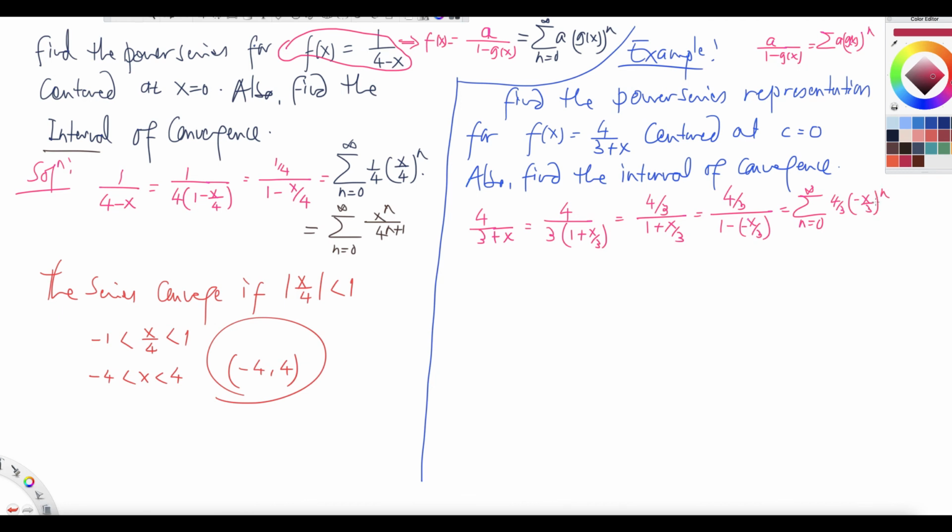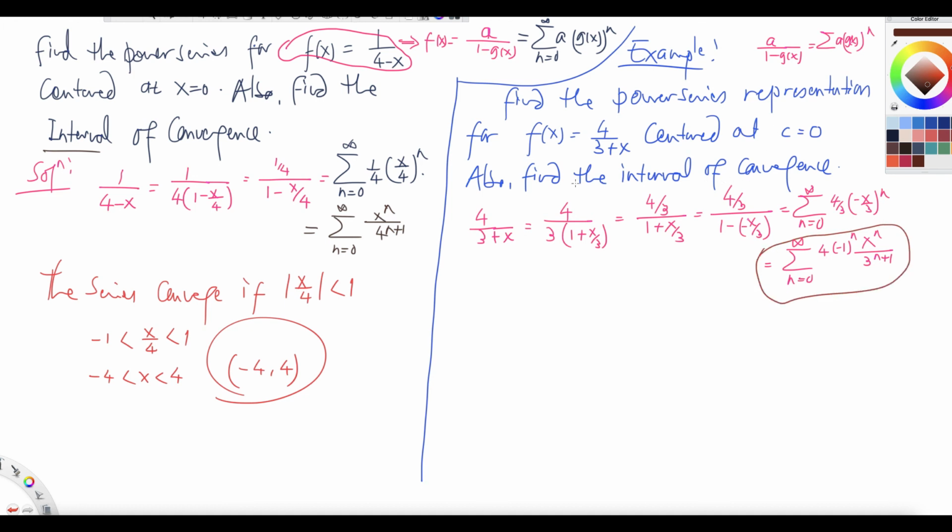That's what you get, and this is the geometric series, right? And again, as in the last example, you can simplify this and write it as the sum from n equals 0 to infinity of 4 times negative 1 to the n times x to the n over 3 to the n plus 1. If you want to write it in this format, that is perfectly fine, because I just simplified that, right?